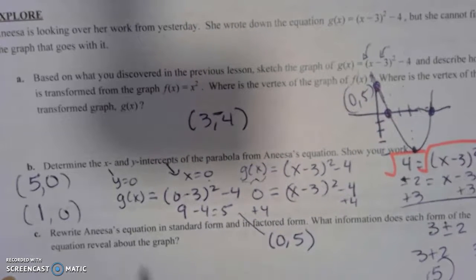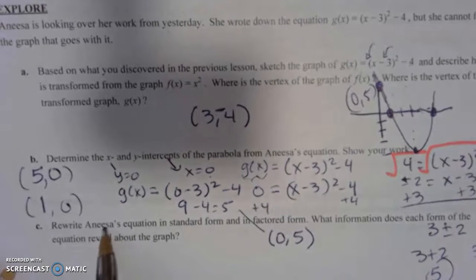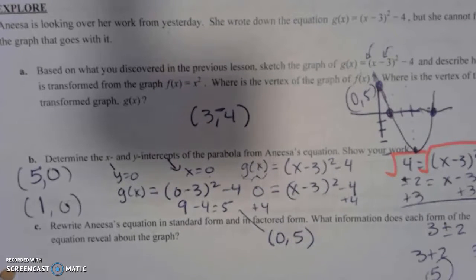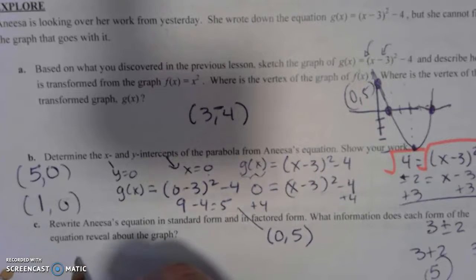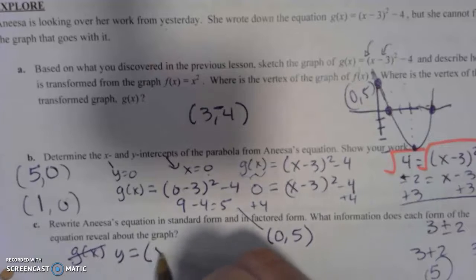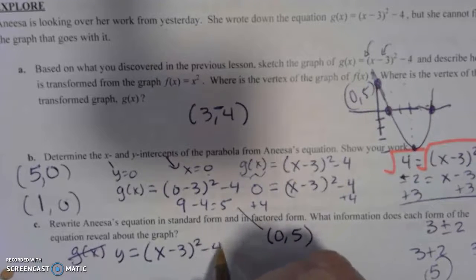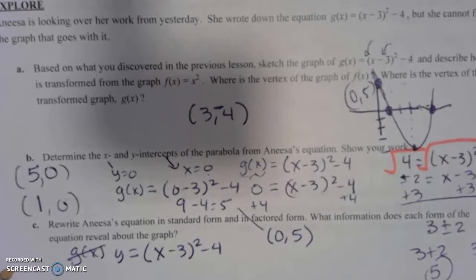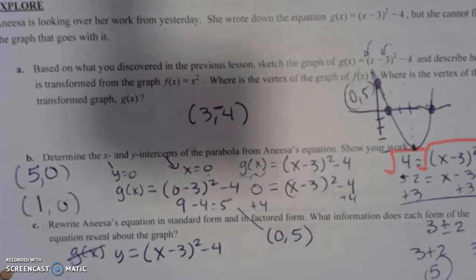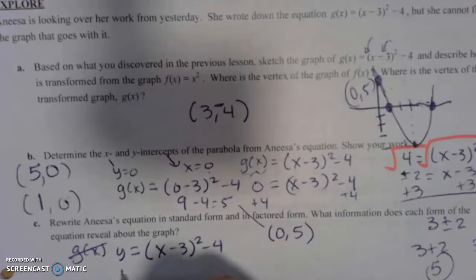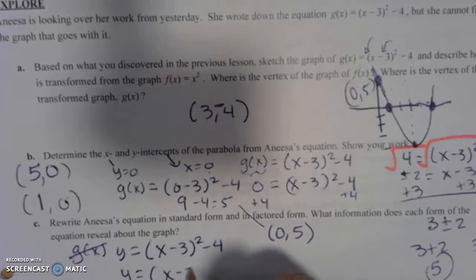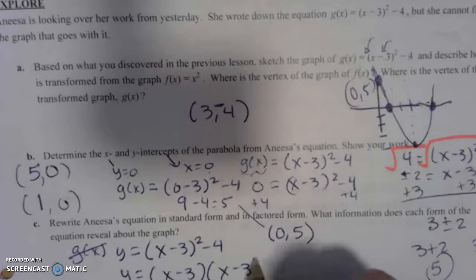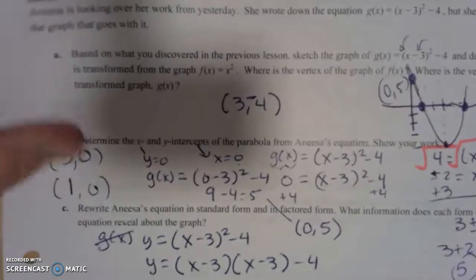All right, so rewrite Anessa's equation in standard form and in factored form. Okay, so she has the equation g of x, or I'm just going to change this to y equals x minus 3 squared minus 4. This is really x minus 3 times x minus 3 minus 4.